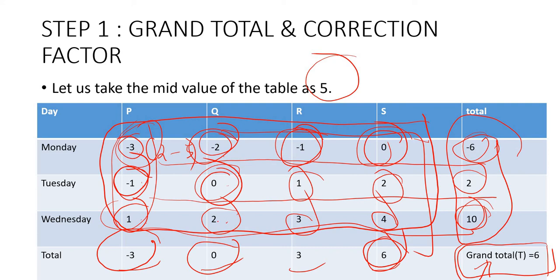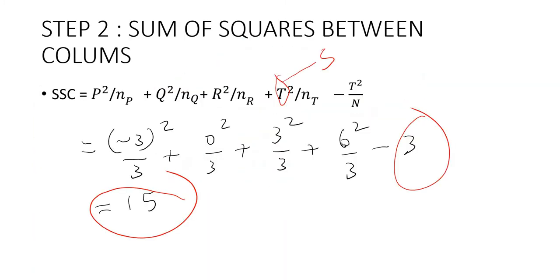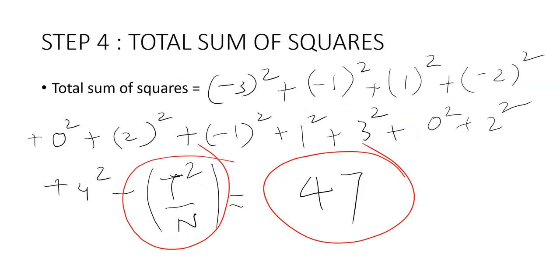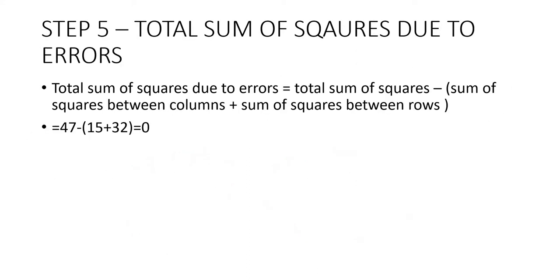Second column, minus 2, 0, 2, square it and add it. Minus 1, 1, 3, square it and add it. 0, 2, 4, square it and add it. You won't take the total values. Then minus the correction factor. That's what we get here: 47, the total sum of squares. You got it. Now step 5.